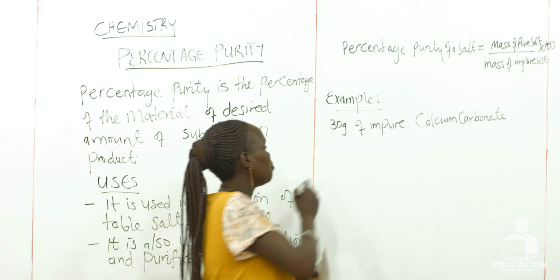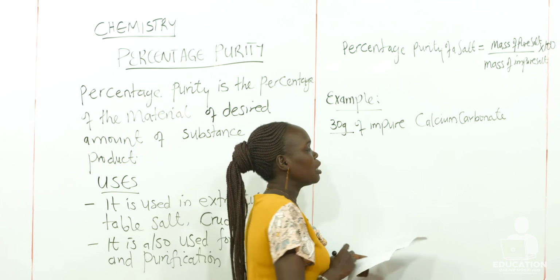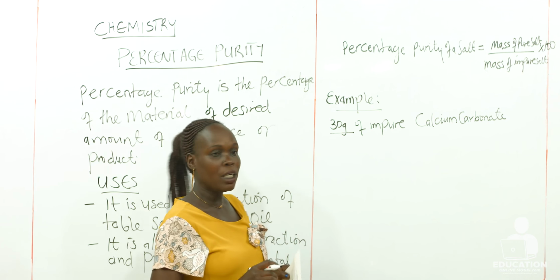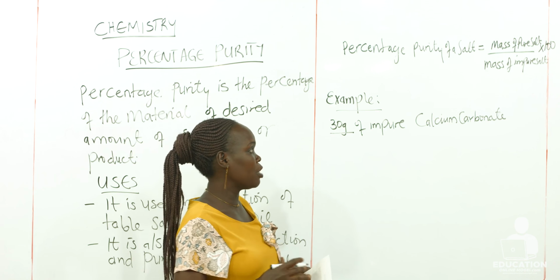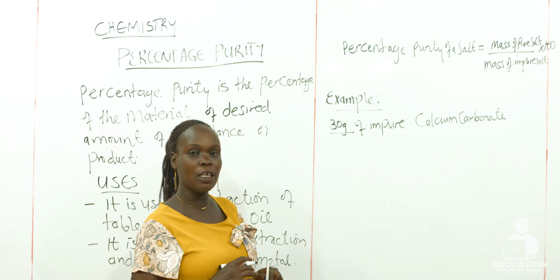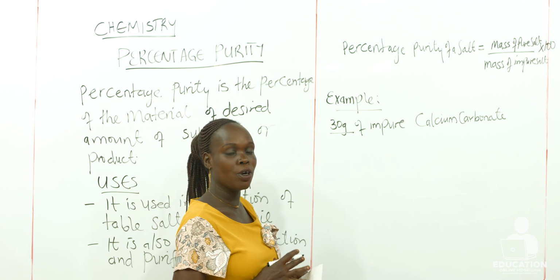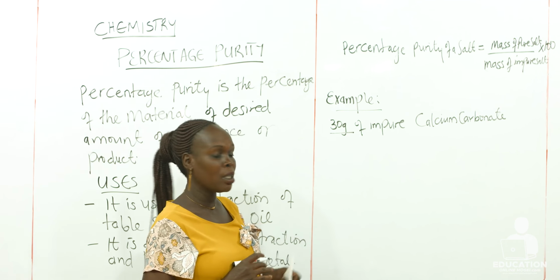It means the impure calcium carbonate has 30 grams. The common name of calcium carbonate is chalk, which we usually use for the blackboard.